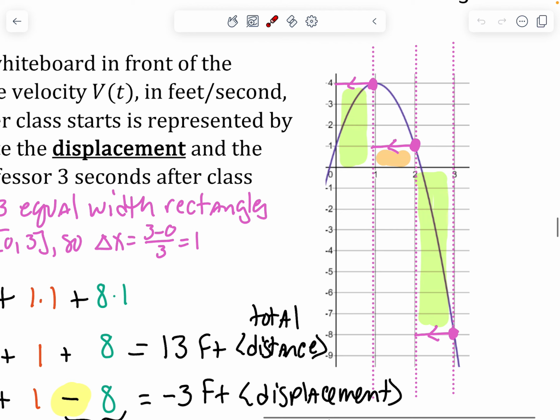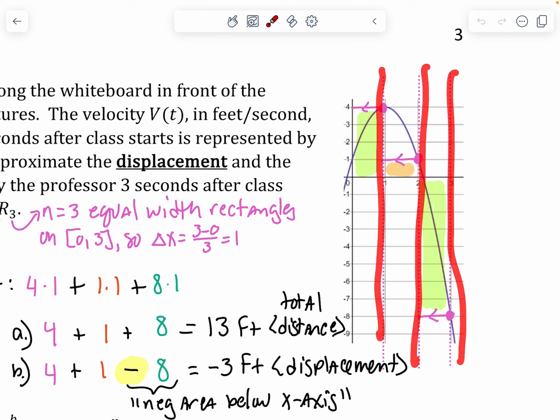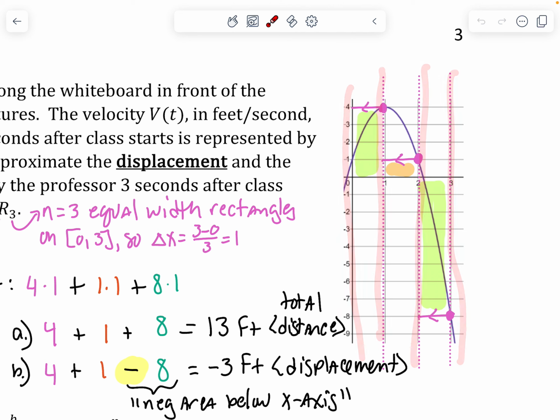So zooming in on our graph, if we had 0 seconds, 1 second, 2 seconds, and 3 seconds, which is where we stopped measuring time, I had drawn these dashed lines at all of our intervals. And then as we trace the curve amongst each column, I found the right side of the column and came across to find the height.